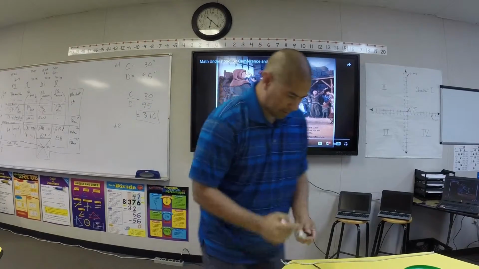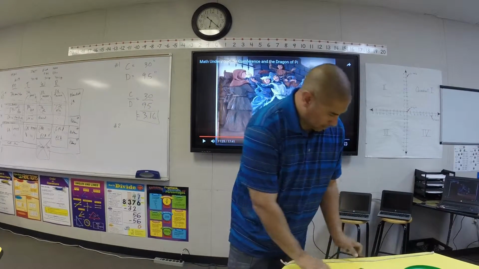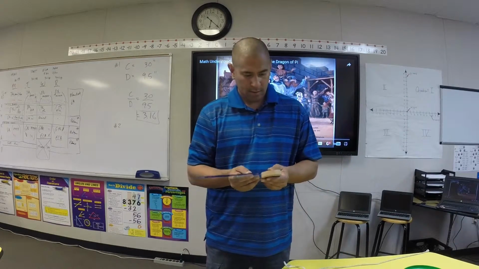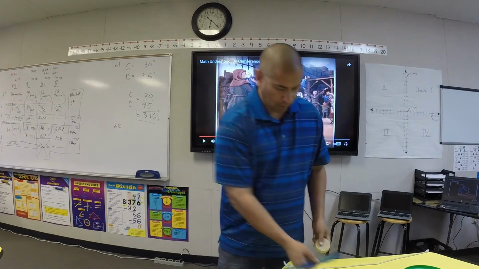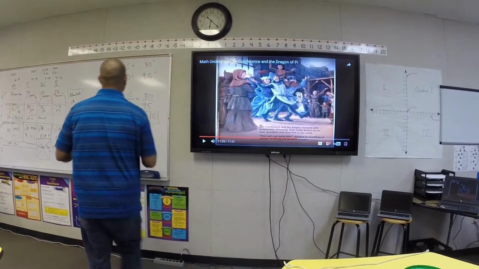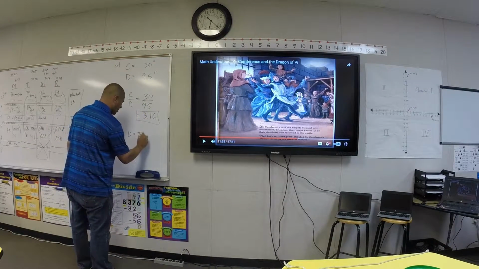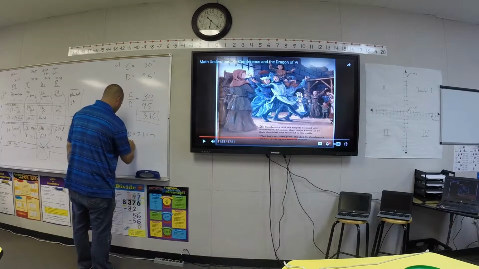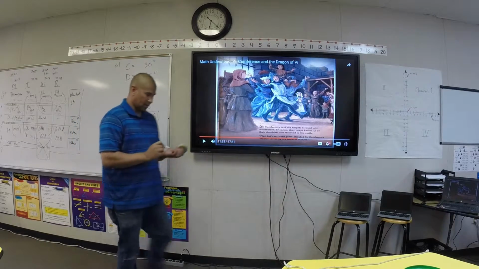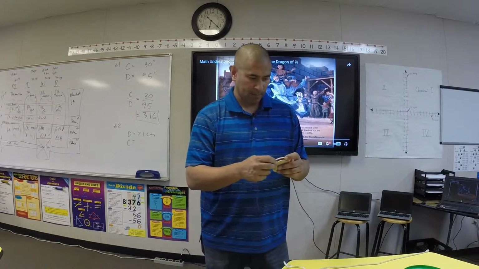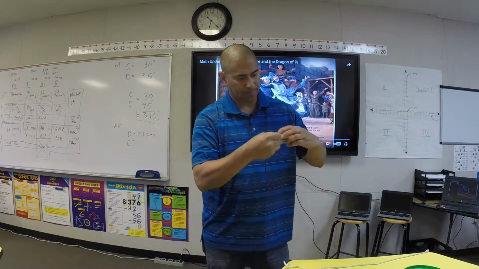I'll have them do a second shape. We'll do different units. This one here has a diameter of 7.1 centimeters. So this diameter is equal to 7.1 centimeters. And the circumference we can measure by using string to go around the edge.